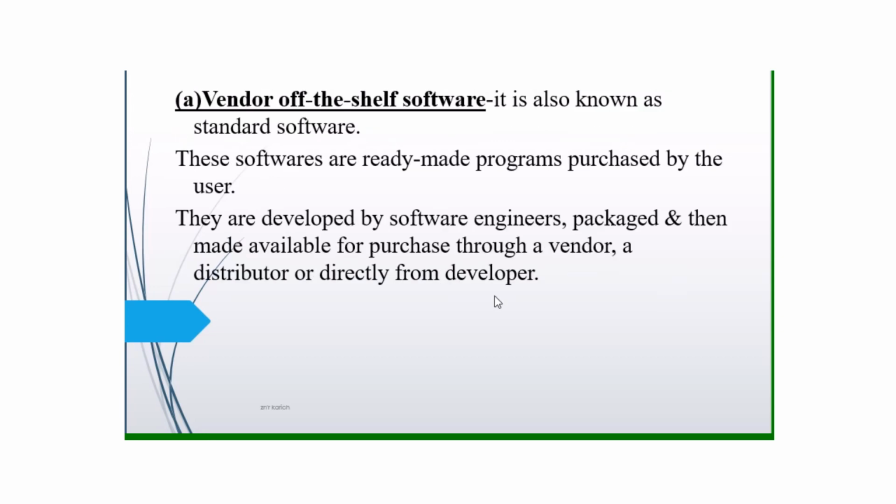Vendor or shop software is also known as standard software. These are ready-made programs and you can purchase them. They are developed by software engineers, packaged and then made available for purchase through a vendor or a distributor, or directly from the developer.